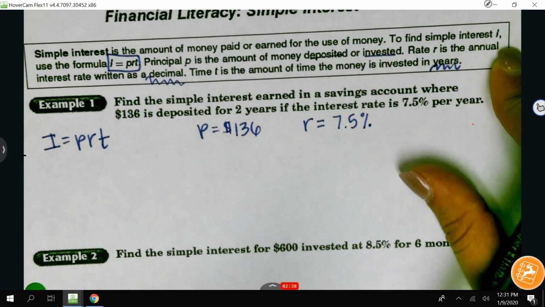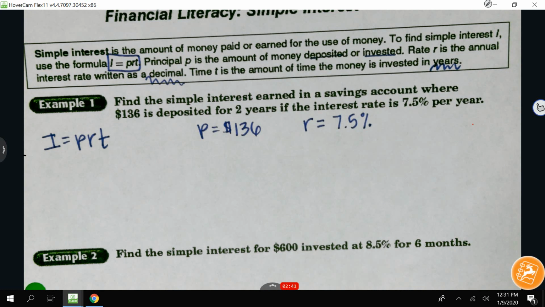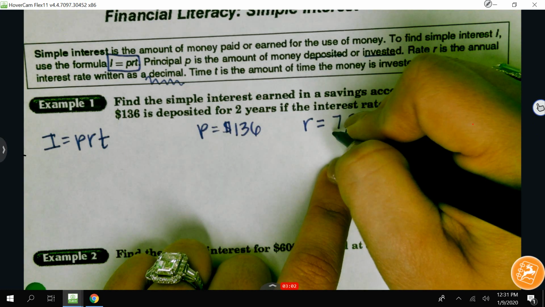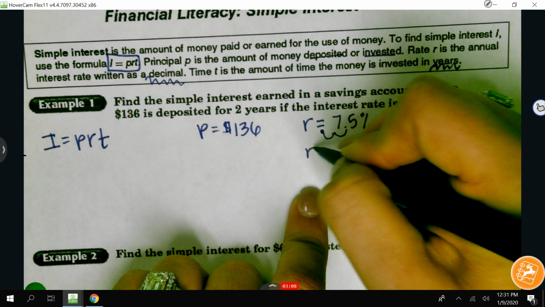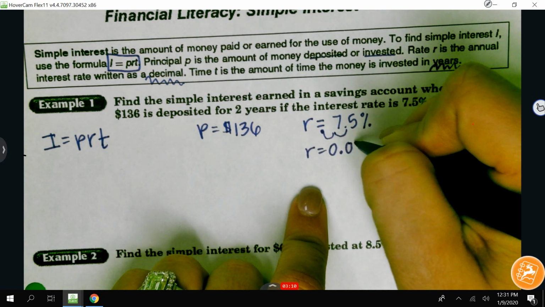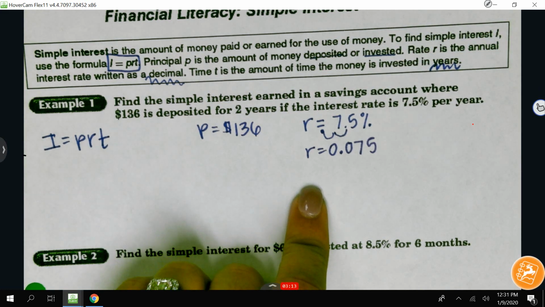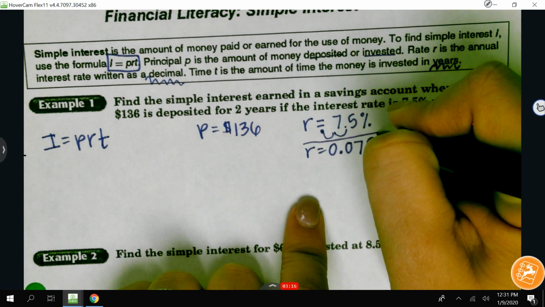Yesterday and the day before, we learned how to change a decimal to a percent, going to the right. This time we're going opposite, from percent to decimal, so you're going to the left. You move the decimal 2 places to the left, so I'm going to have to add a 0 in there. So this R is going to become 0.075.